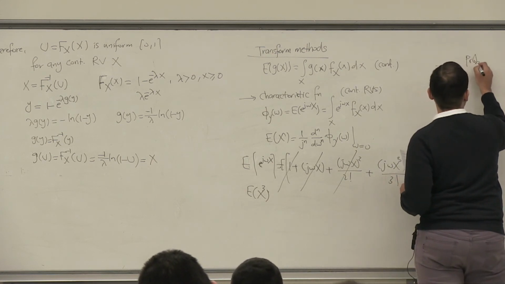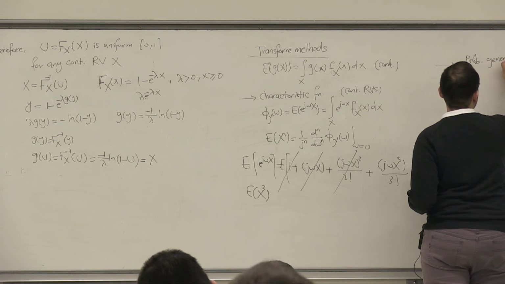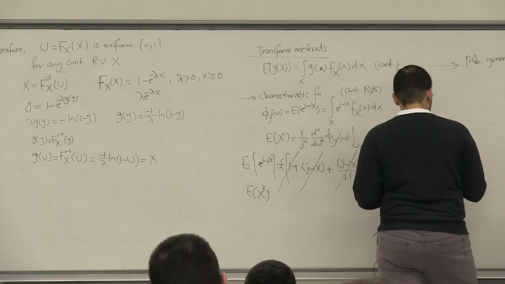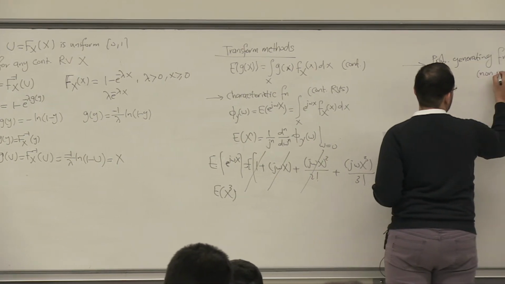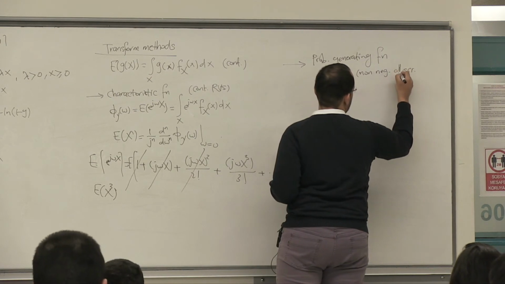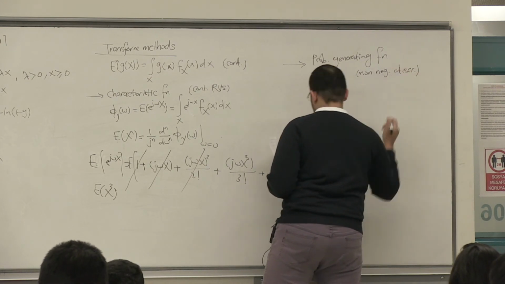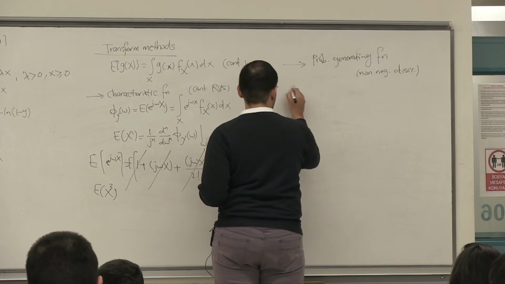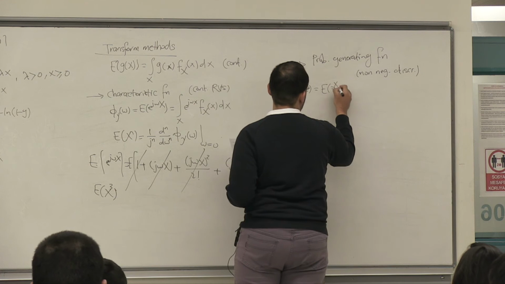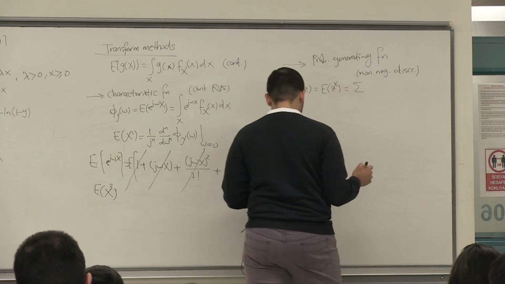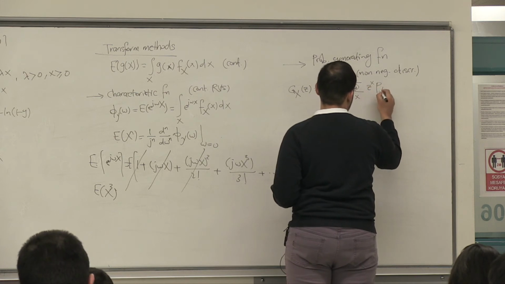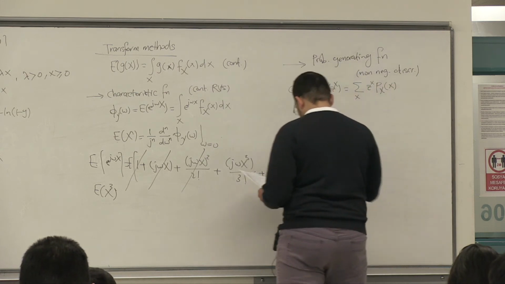We have the probability generating function, for non-negative discrete. So g x of z is the expected value of z to the x, which is the summation over x of z to the x p x of x.